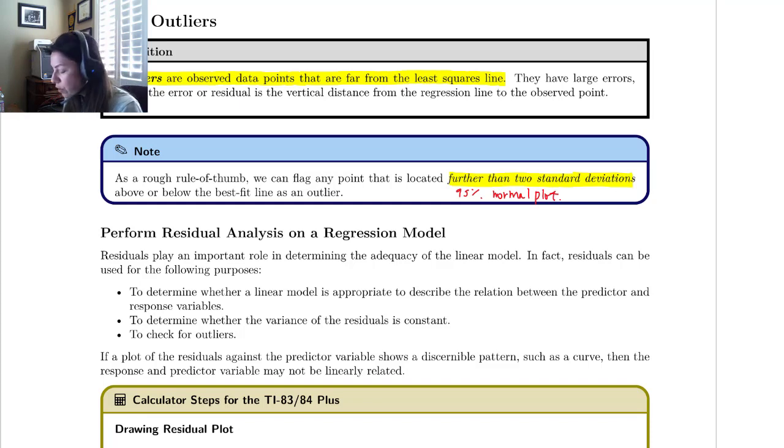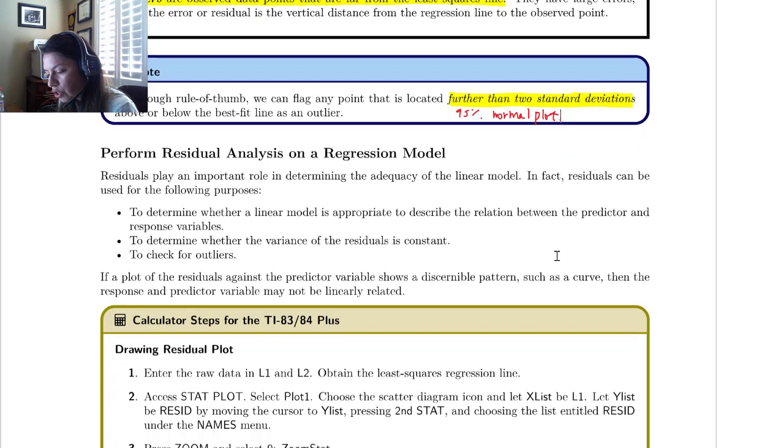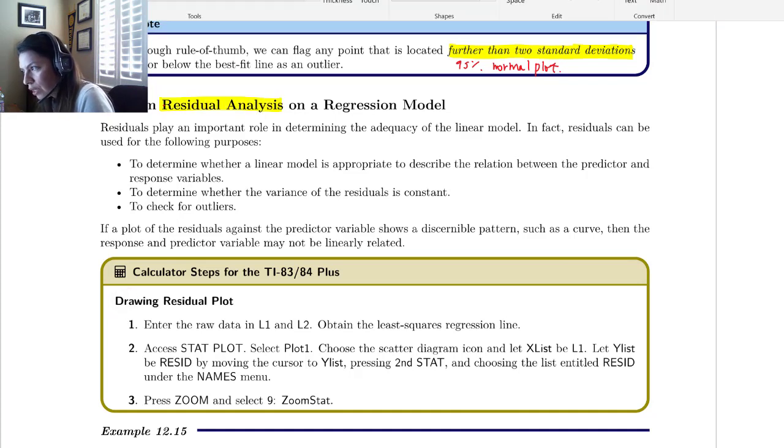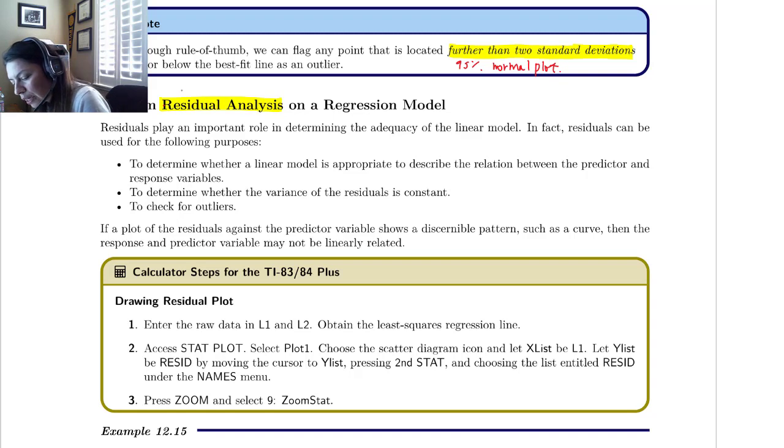Okay, so the first thing we'll want to do is perform a residual analysis on the model. We want to do a residual analysis because a residual, recall, is the difference between what's on the line and what's observed. It's that distance.